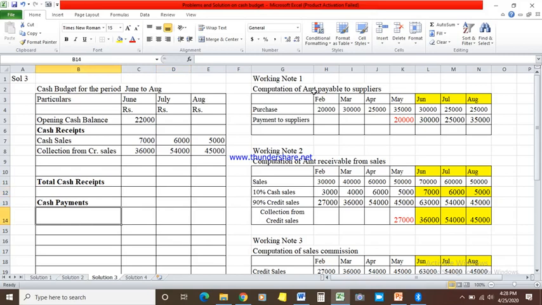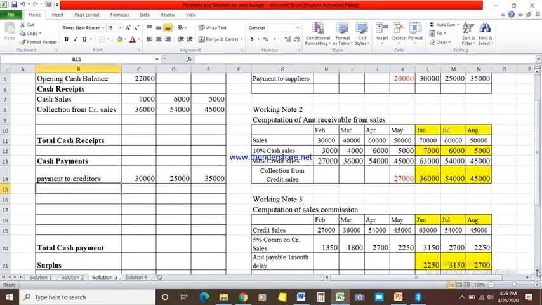Under cash payments, I start with payment to suppliers or creditors: 30,000, 25,000, 35,000, which is the working note I have already prepared. Then payment of sales commission: 2250, 3150, 2700.